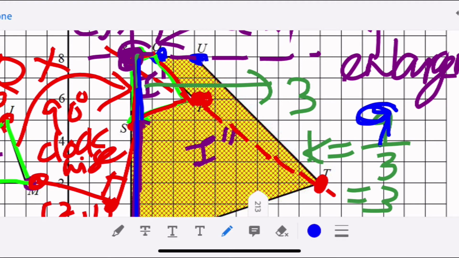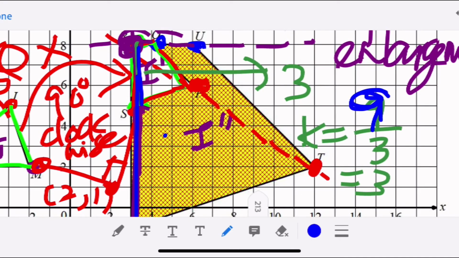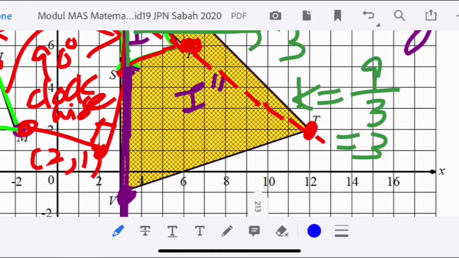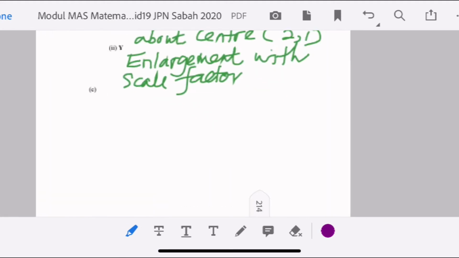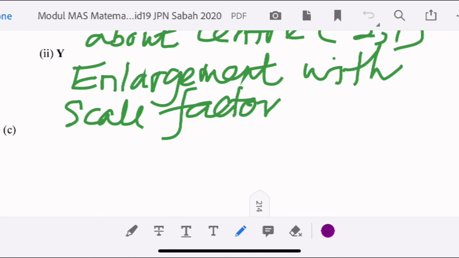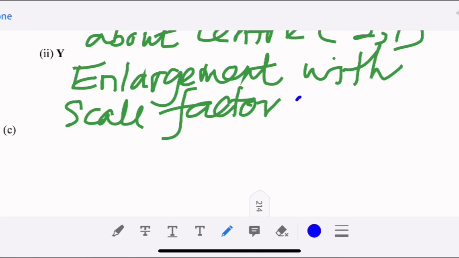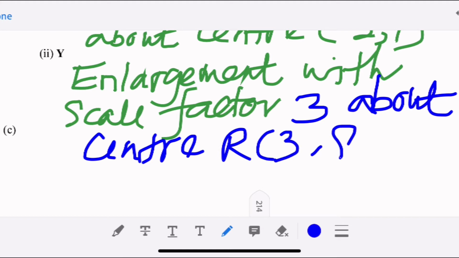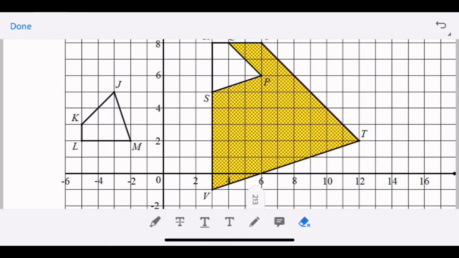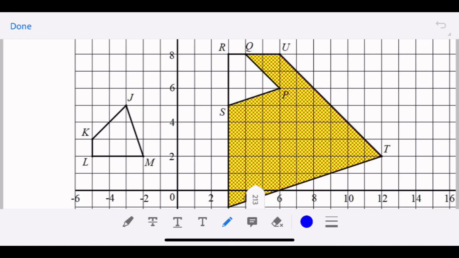So the final step is we find the area of the image over the area of the object, equal to the scale factor squared. So let's complete this description: enlargement with scale factor 3 about the center R38.